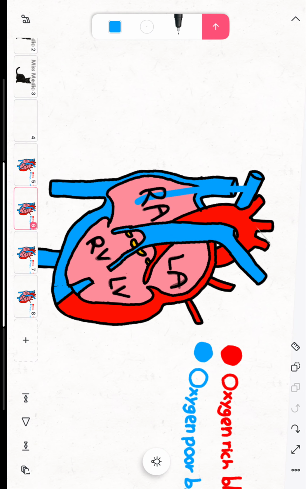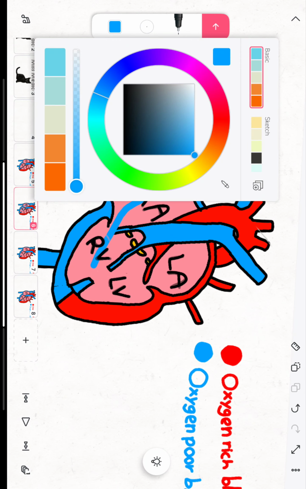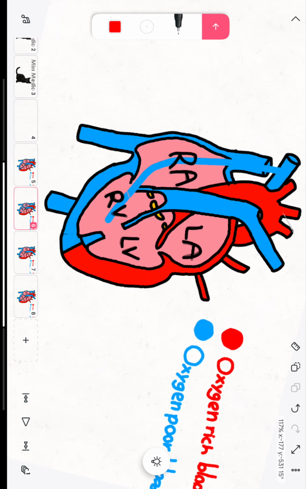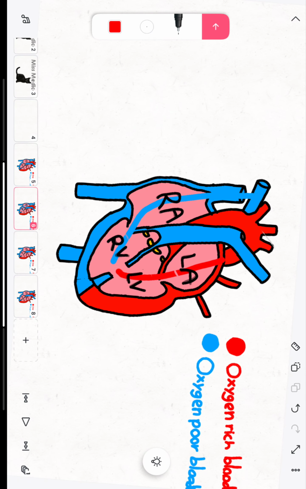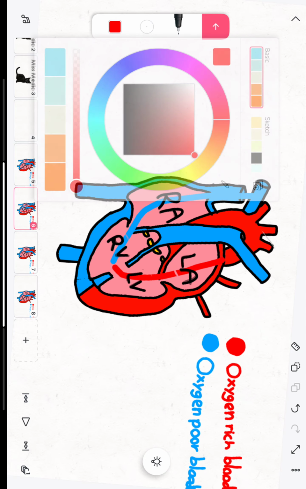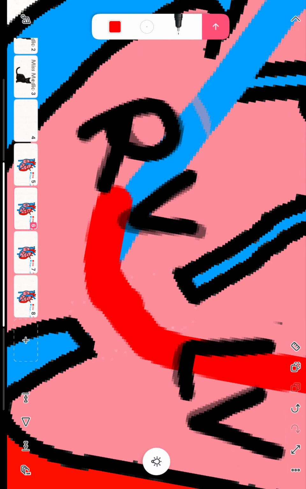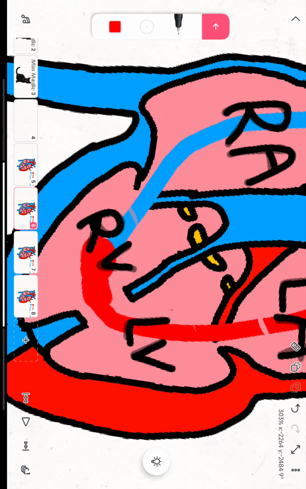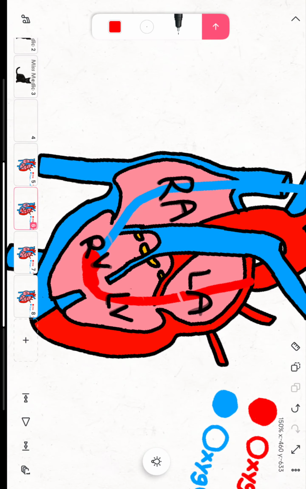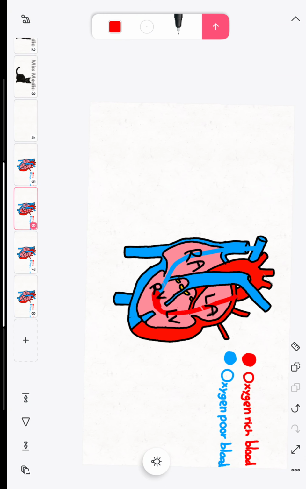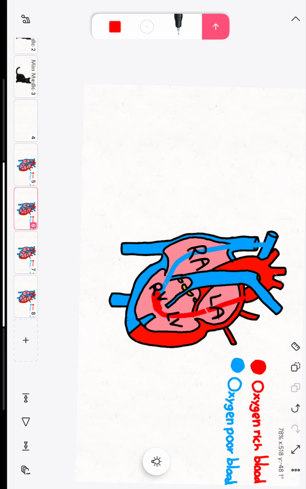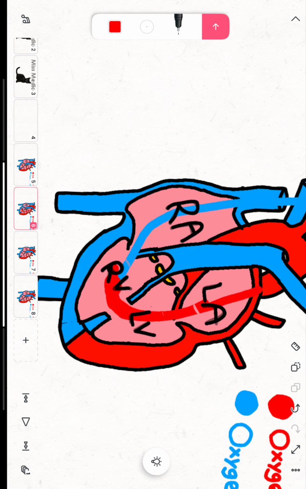So when the oxygen-poor blood comes and the oxygen-rich blood comes, usually the oxygen-rich blood goes to the right ventricle because it is delivered to the body, so it needs more powerful strength. So it usually gushes over to the right ventricle.